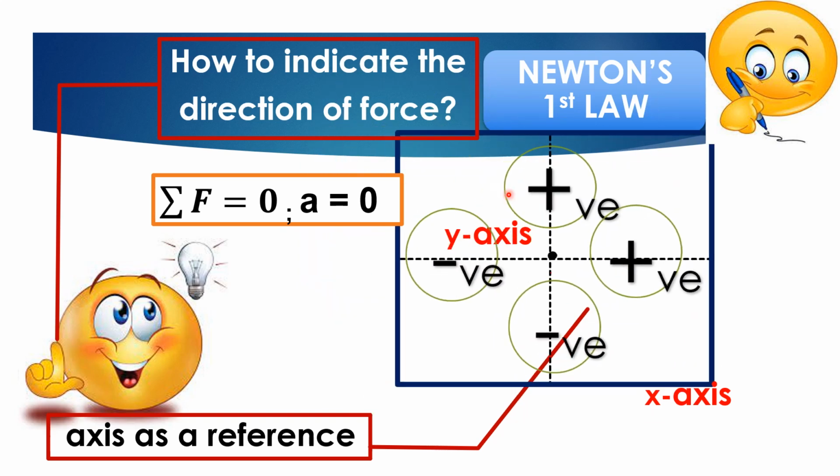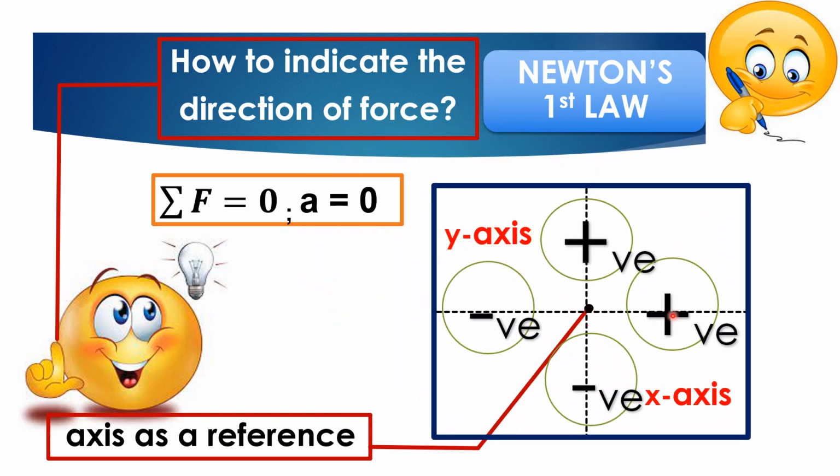If the force is to the right of the origin, the force becomes positive. If the force is to the left of the origin, the force becomes negative. If the force is above the origin, the force becomes positive. And if the force is below the origin, the force becomes negative.